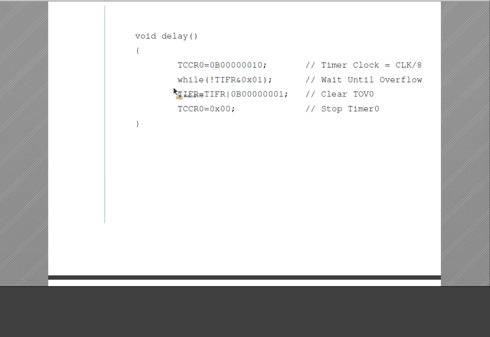This programming mode is the polling method. We have two methods for working with peripherals, for example with timers: polling and interrupt. Maybe we spoke about them in last sessions. In this example we are working with the polling method.